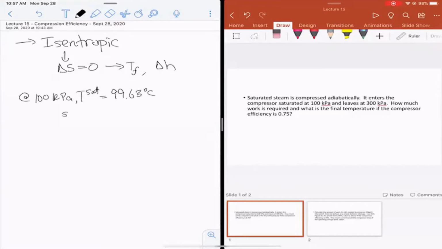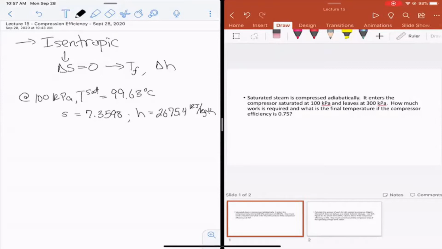So we can read from the steam tables that the entropy is equal to 7.3598. And we know that the enthalpy at that state is equal to 2675.4 kilojoules per kilogram Kelvin.